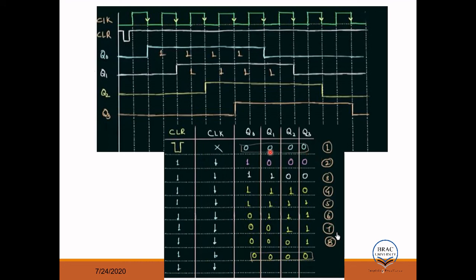If you look here, four 0s, then three 0s, two 0s, one 0, then all 1s again, one 0, two 0s, three 0s, four 0s. It's following a pattern actually, right? So this is a special kind of counter. This is called the Johnson counter.